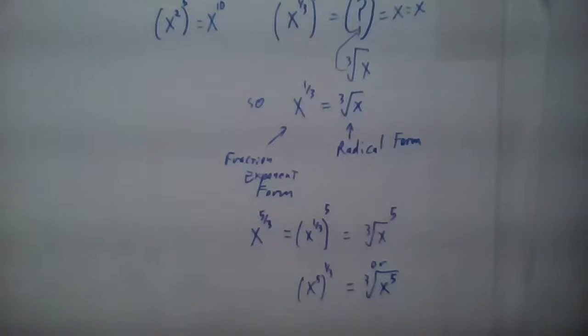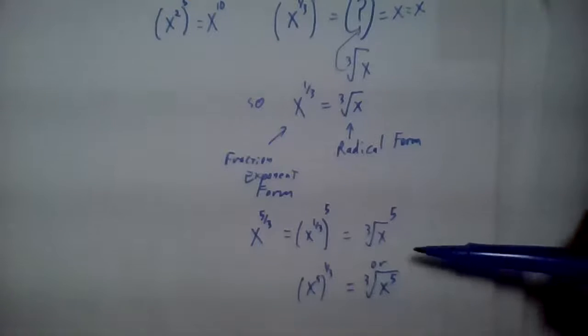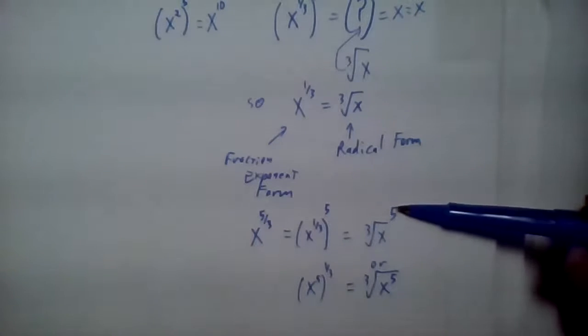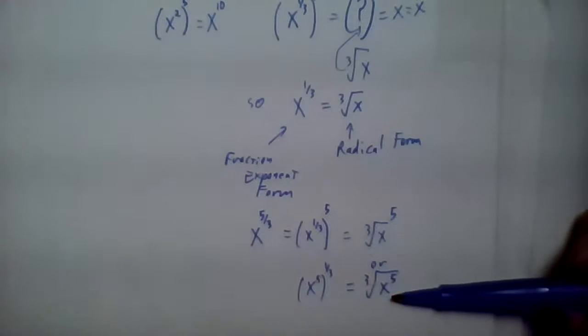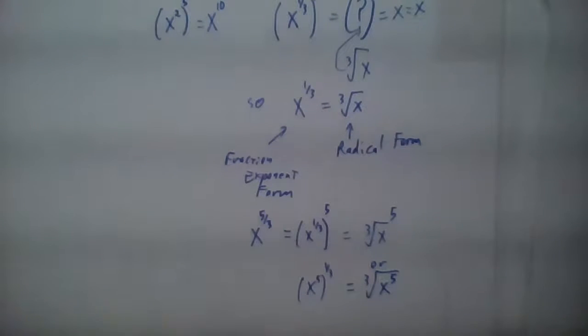That sounds like the same thing. And it actually is the same thing, but we're writing it a little differently. This is the cube root of x to the 5th, and this is the cube root of x to the 5th. That sounds a little tricky right there, but in this case, that actually is the same thing. The order of operations going on is different. If you remember our order of operations agreement, we did exponents and roots.